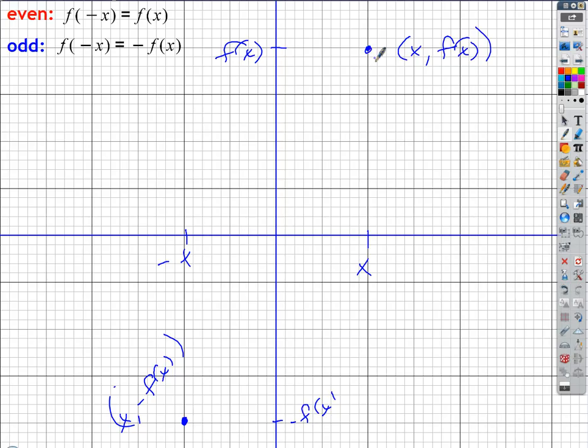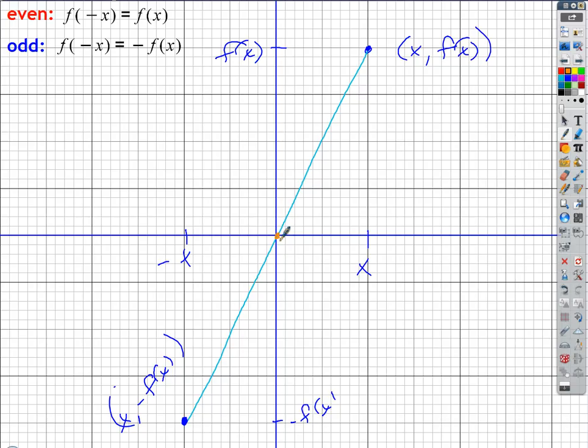Now, do you see something about this symmetry? This is a little harder to see, so let's draw a line segment connecting those two. What do you notice about that line segment? Where does it go through? It goes through the origin. Now look at this point right here. Where is that point relative to the other two? It's in the middle. It's the midpoint, right?